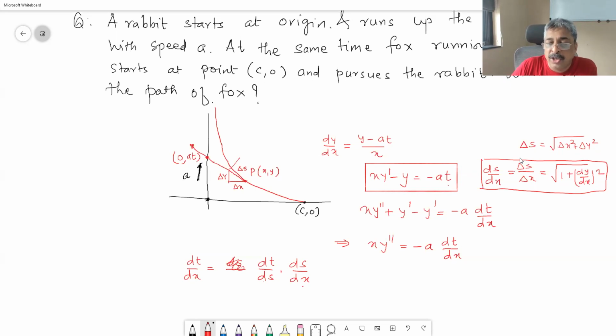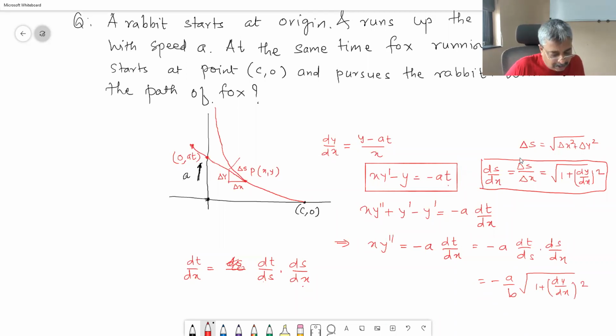Okay, so doing all this, now we have this differential equation which we can write as minus a dt by ds into ds by dx, where dt by ds is minus 1 by b, and ds by dx is radical 1 plus (dy by dx) square.